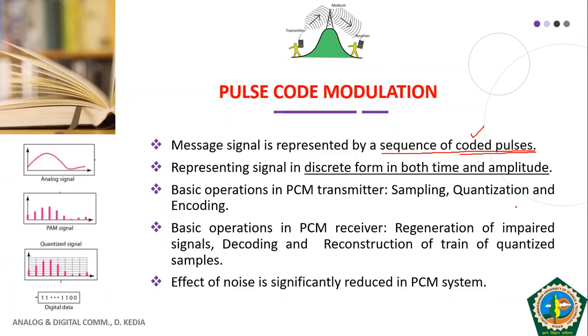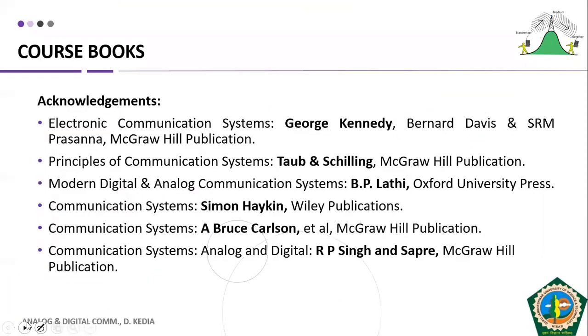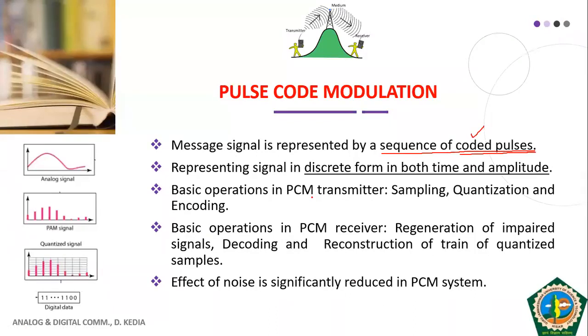Another important point in pulse code modulation is that the signal is represented in discrete form, and the discreteness is present in both time and amplitude. I hope you are able to appreciate this point. In PAM, PWM, and PPM, whatever signal we observed was discrete in time, meaning there was a gap or discontinuity in the time domain.